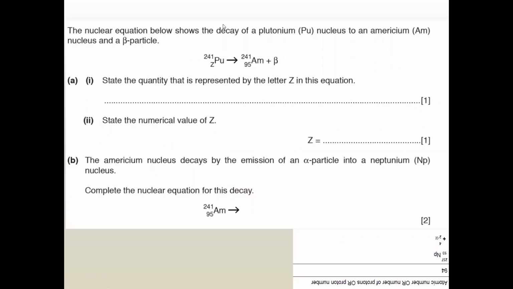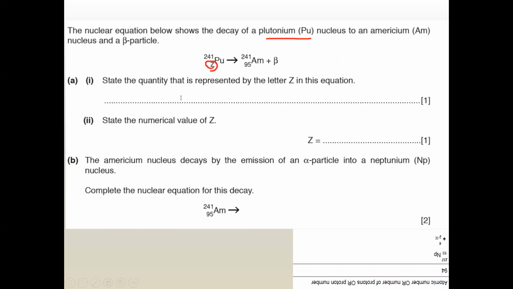So as you can see here, a nuclear equation shows a decay of plutonium to an americium and a beta particle. We will discuss what a beta particle is, but that is not related to the question right now. State the quantity that is represented by letter Z. So which quantity is represented by letter Z?